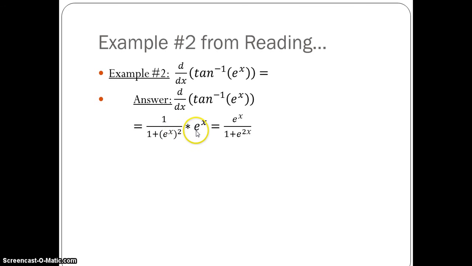Oh, is that a typo? Times e to the x, where's that coming from? Oh, wait, that's the derivative of the inside function, e to the x. Oh, got it now. So we're left with e to the x over 1 plus e to the 2x, the e to the 2x coming from some nice manipulation based on our exponent rules.